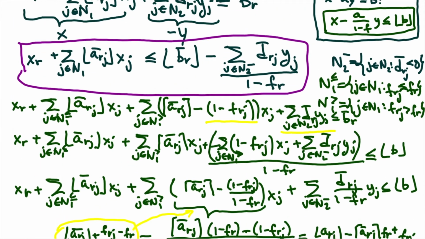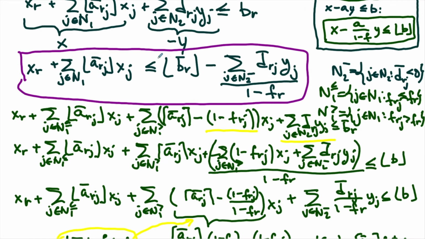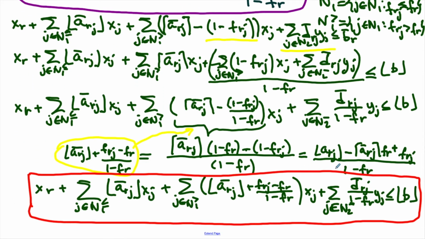Going from this weaker valid inequality to the Gomory mixed integer cut is nothing else but the application of what is known as mixed integer rounding. So this process, applying this trick when you replace the floor of arj bar with a slightly stronger coefficient, was later known under the name mixed integer rounding.